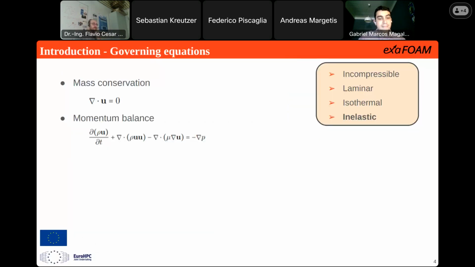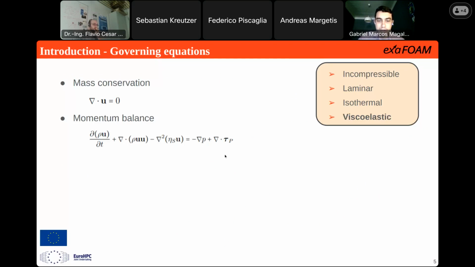Okay. This is the usual system of equations for an inelastic, incompressible fluid in a laminar isothermal flow. But if we need to consider a viscoelastic fluid in our system, the momentum balance is a little different.